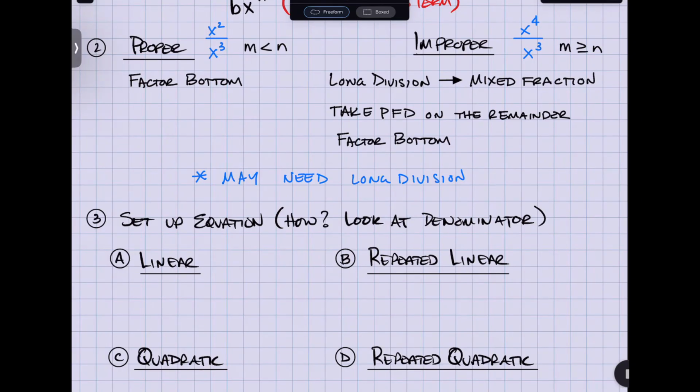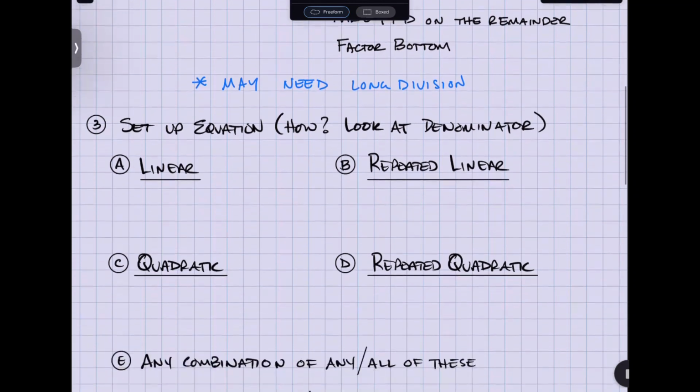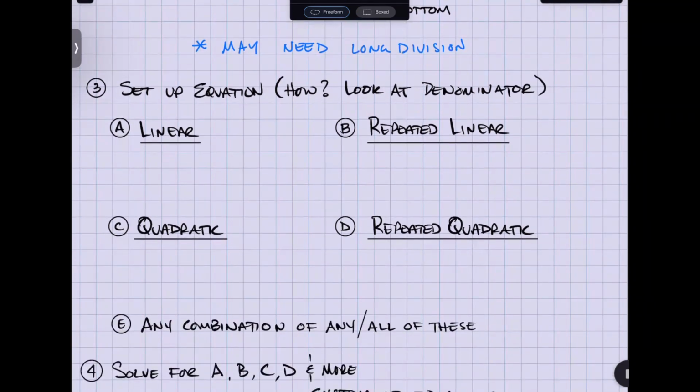So how do we set up a partial fraction decomposition? This is all going to be based on the denominator.